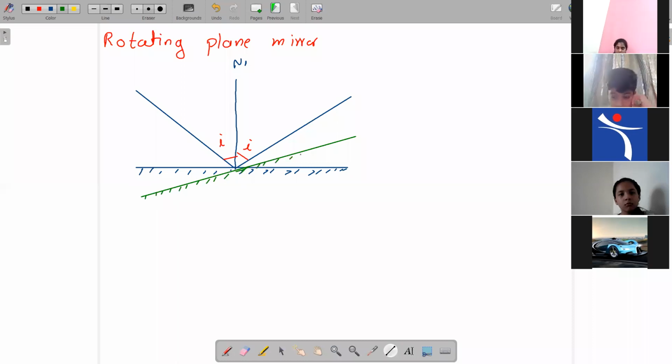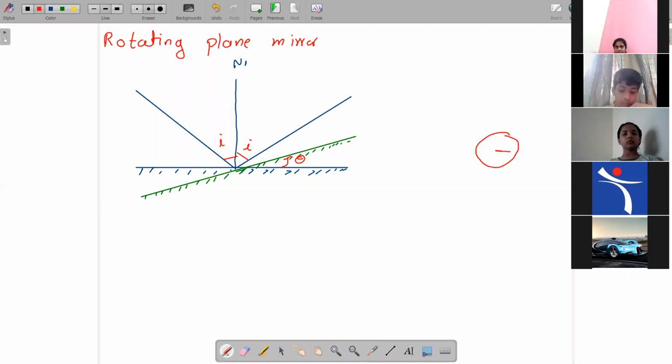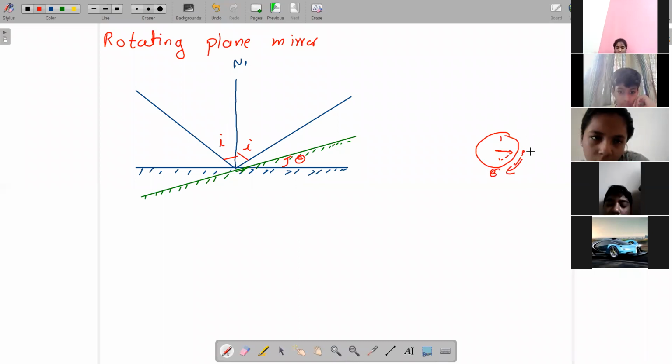This is the second mirror, the same mirror, just rotated by some angle theta. You know, children, what clockwise and anti-clockwise directions are. Suppose this is a clock; the needle goes from 3 to 6 like this, and that is the clockwise direction. If you go opposite, that is the anti-clockwise direction.